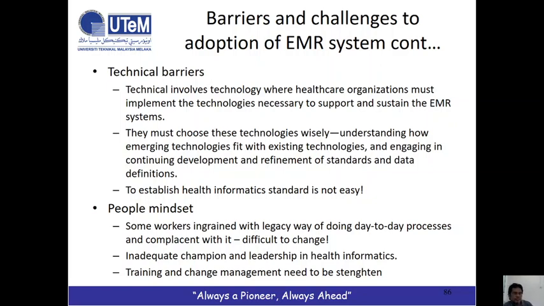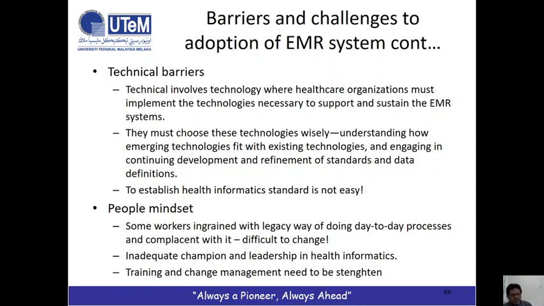To resolve the people's mindset, we need training and change management, and we need to strengthen the way the training and change management are conducted. We cannot use a one-size-fits-all type of training or change management.